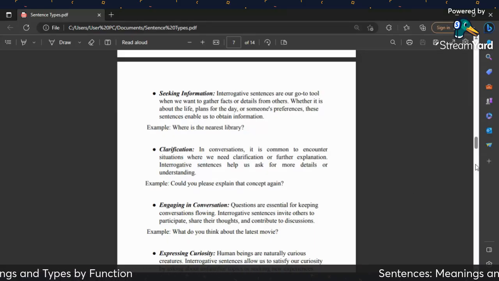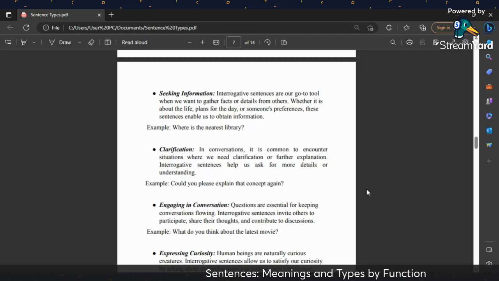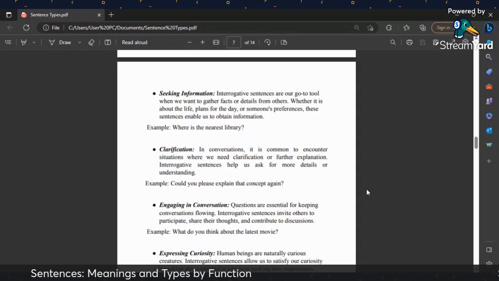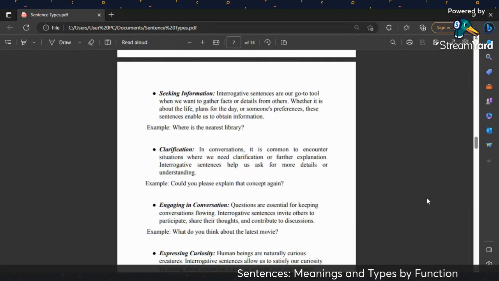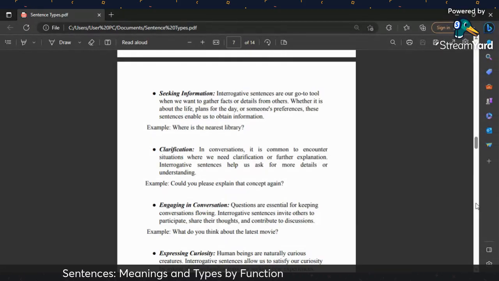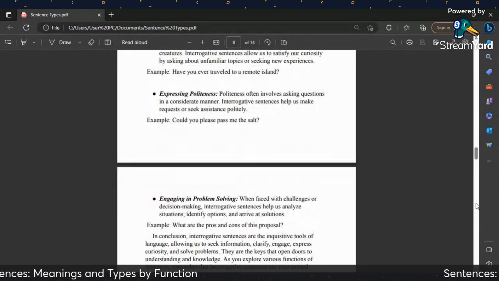An interrogative sentence can also help us to express our curiosity. Maybe you're curious about something, you want to know more about a particular topic, or you're seeking new experiences, you can make use of the interrogative sentence.